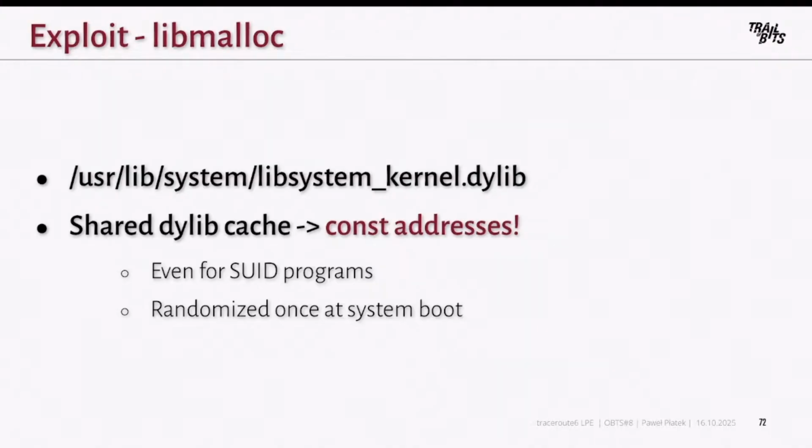However, Apple made an optimization so that platform libraries are now loaded into memory when the system boots, so they are randomized only once per boot. That means the exploit can find the libsystem kernel functions pointer in its own memory, and it will be the same address that traceroute uses. This is a super cool optimization from Apple for local exploits.